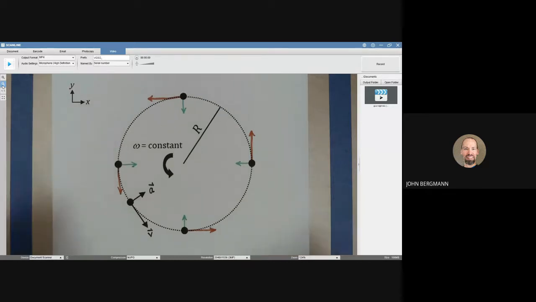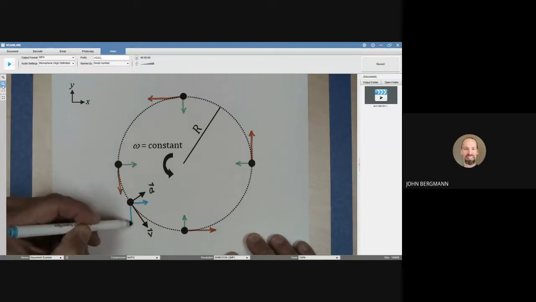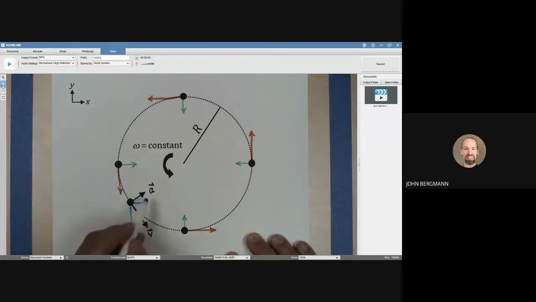At any point around this circle, there is a combination of x and y velocities. For this one that's shown in the lower left here, I'll draw it in blue, it has a vx velocity vector right there and a vy velocity vector that goes like that.